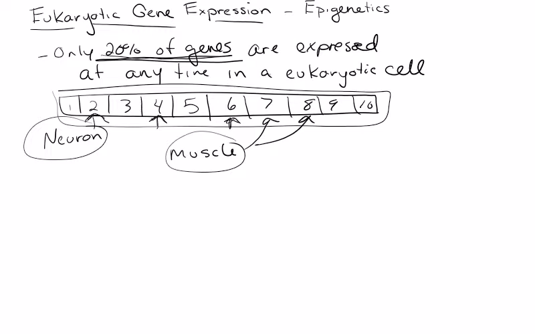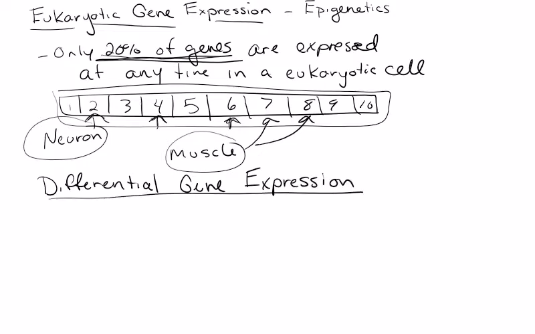So do keep that in mind when we're talking about this. What we call this is differential gene expression. And so we differentiate the genes that we need to have turned on based on the function that we want that cell to have.